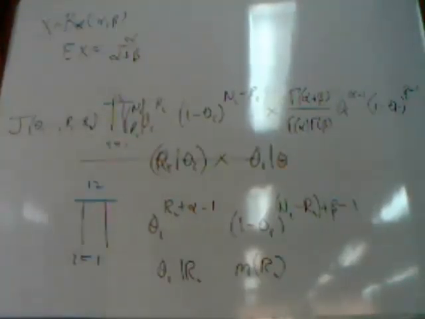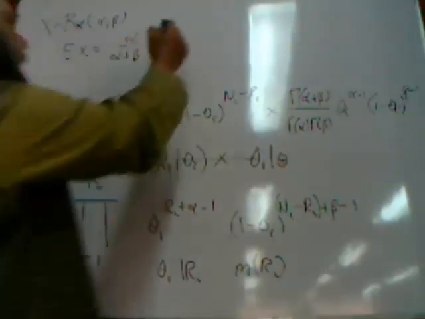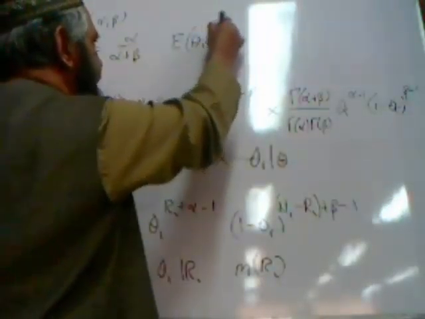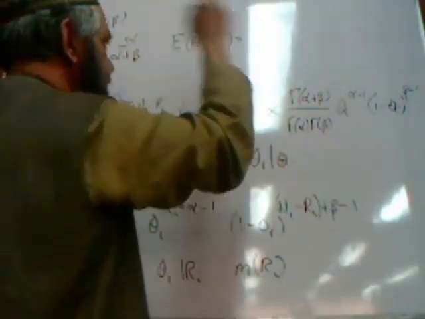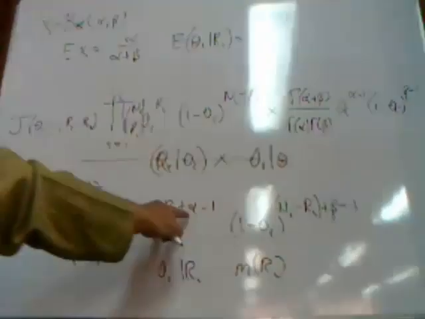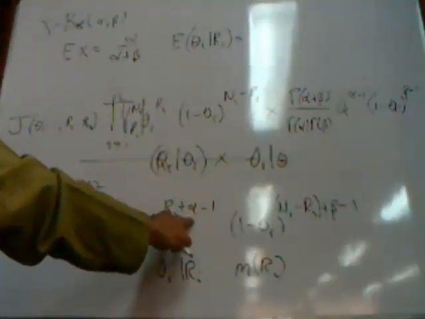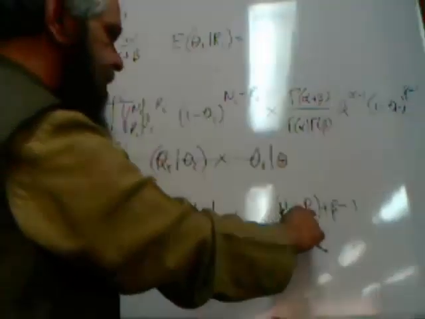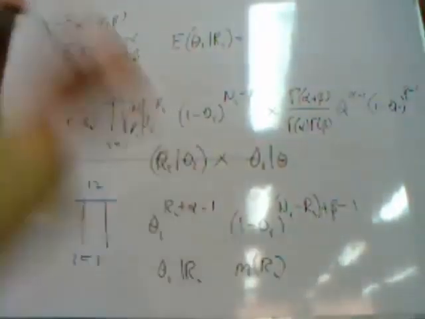So what we have is that the expected value of theta I given Ri is equal to, now the posterior density, the alpha is Ri plus alpha, and the beta is Ni minus Ri plus beta.